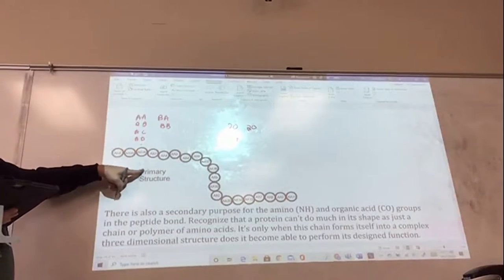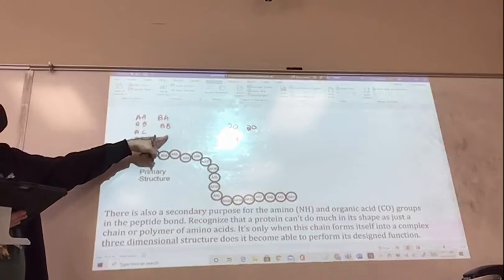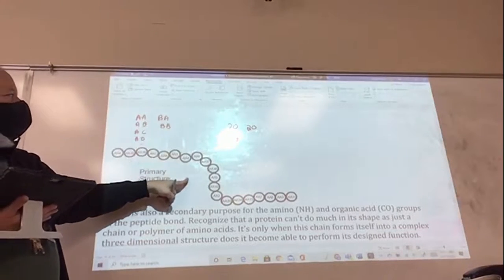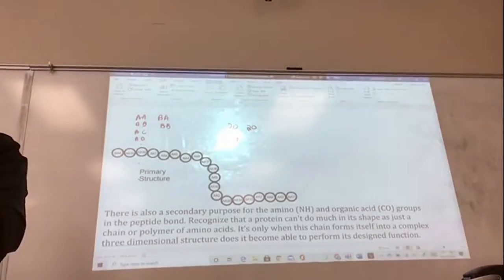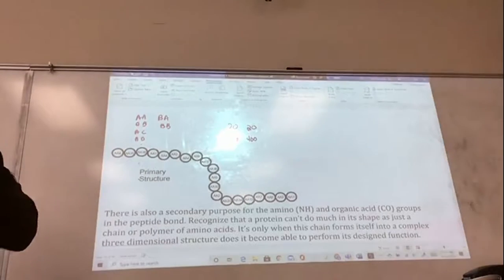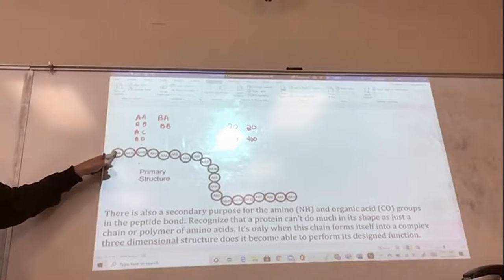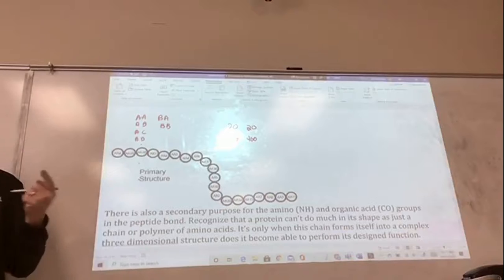So if I went through the 20th letter here, and then I started with B again, and went through the 20th letter, and then I started with C again, and went through the 20th letter, it would be 20 times 20, right? I could have 400 proteins. If I only had 2 amino acids and they could each be one of 20, I would have 400 different proteins.